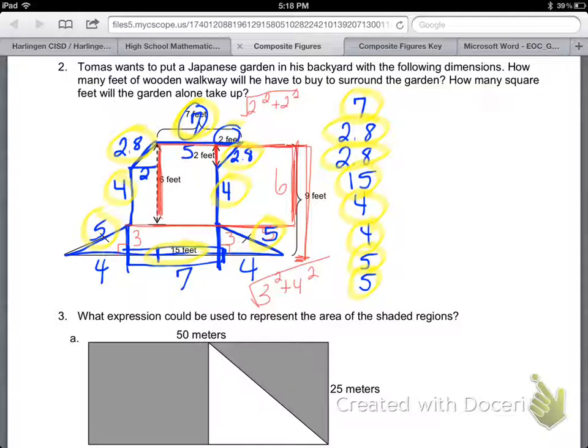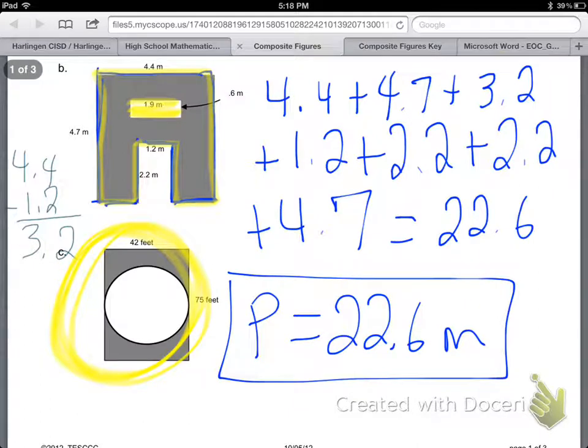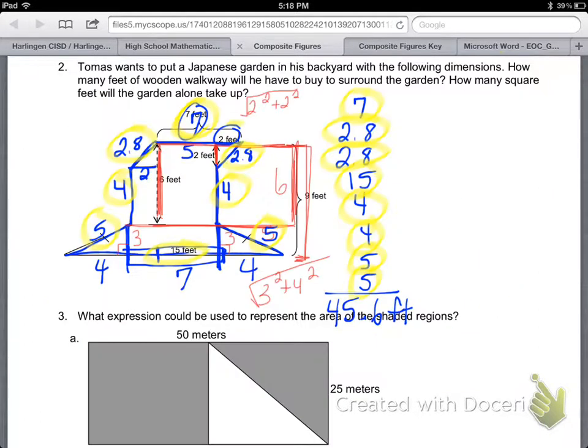And of course we add all of those together. And it gives us 45.6 feet. That is the perimeter. If there's something you don't understand there, ask me in class, because I know it's a little confusing.